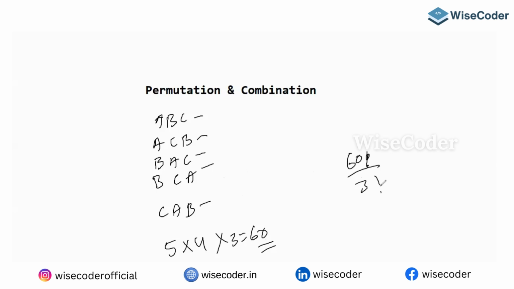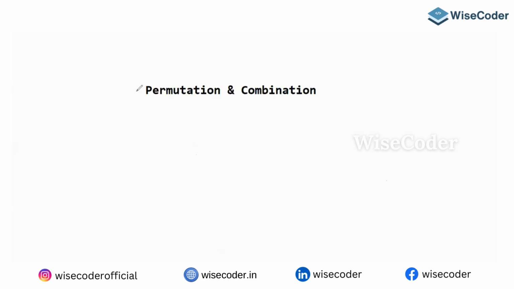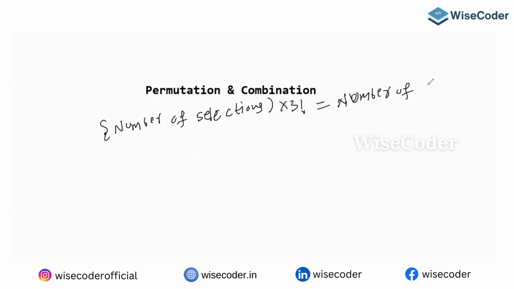Since we know the number of ways in which 3 selected people can be arranged among themselves is 3 factorial, finally I am concluding this point: the number of selections into 3 factorial will give you the number of arrangements.